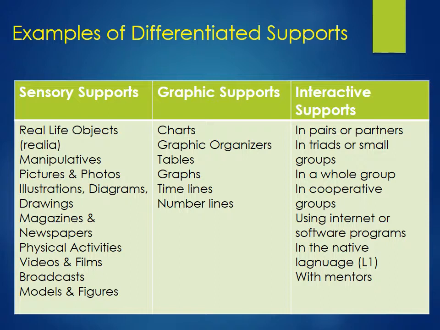So this is a table that is also in your MPI packet, one of many tables, and you've seen this before from Module 4, the different types of supports that you might consider using depending on the language goal and the content, the academic objective.